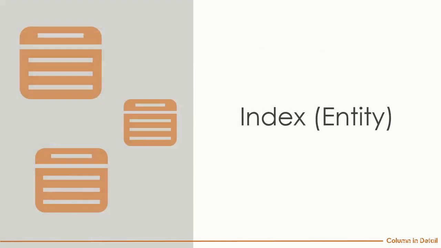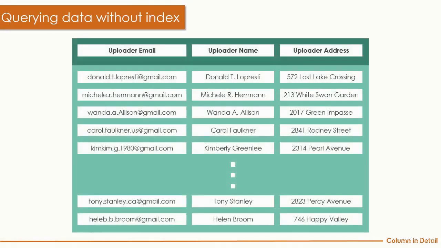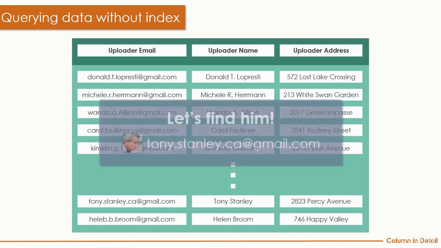Index. As we said before, the database is a key component of your application. So if you have a good performance database, you will get a very fast responding application. The index is one of the approaches you can use to speed up the database. Let's take a look at what happens without the index.